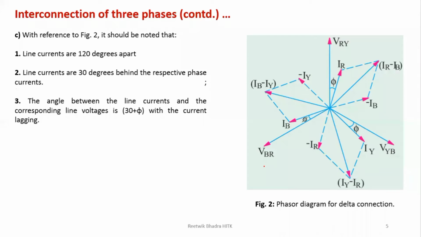Okay. Again, lastly, the conclusions that we had taken. Previously, all conclusions were written in terms of voltages. Now, the same thing will be written in terms of line currents. So line currents are 120 degrees apart. See IRB to IYR. So here is a gap over here. So 30, 30, 30.